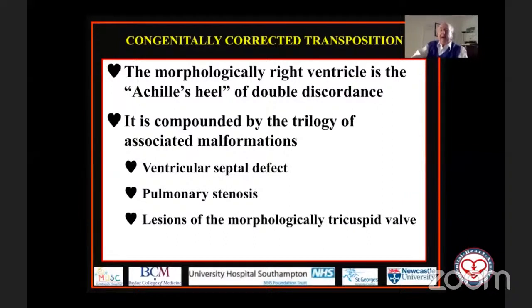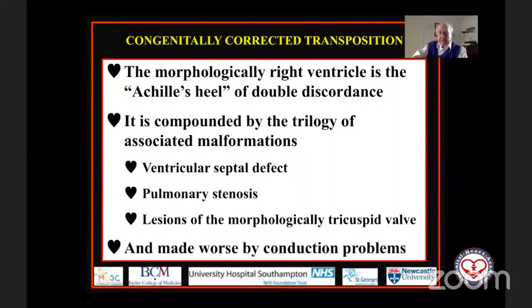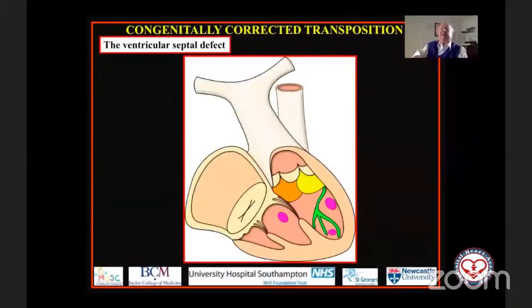And as Diane has shown you, in the majority of cases, there are lesions of the morphologically tricuspid valve, and she has shown you Ebstein's malformation. And then the situation is made worse by problems in atrioventricular conduction. So we're going to discuss all these features now in what remains of today's session.